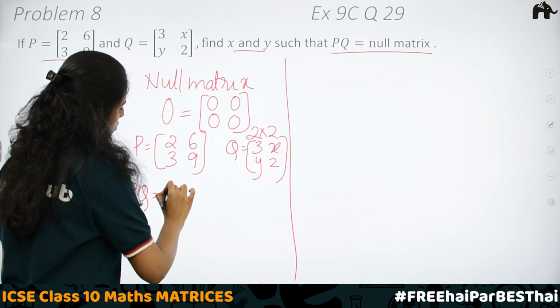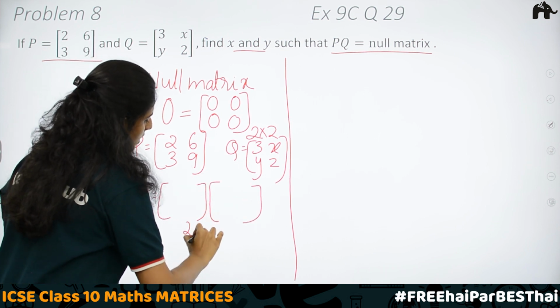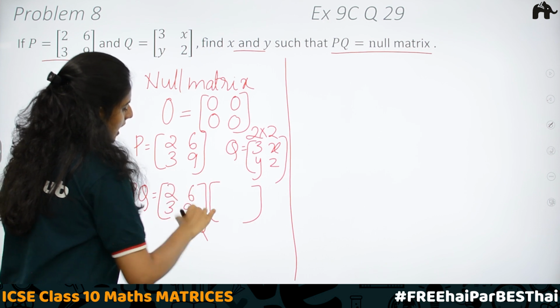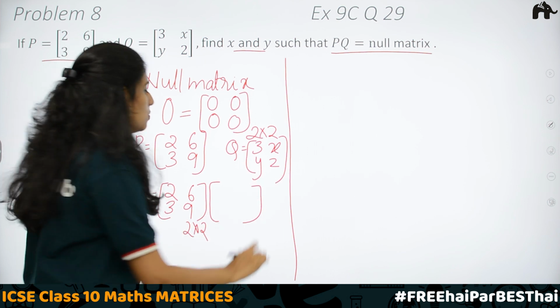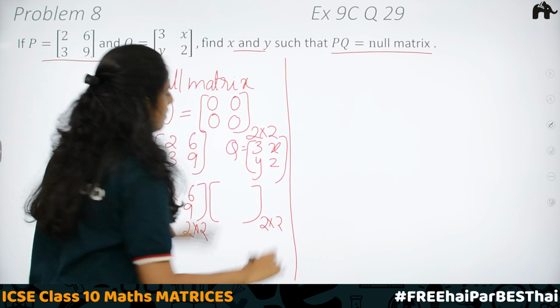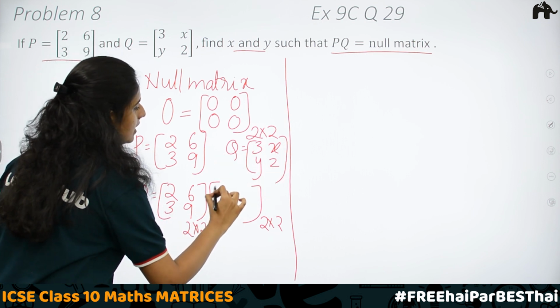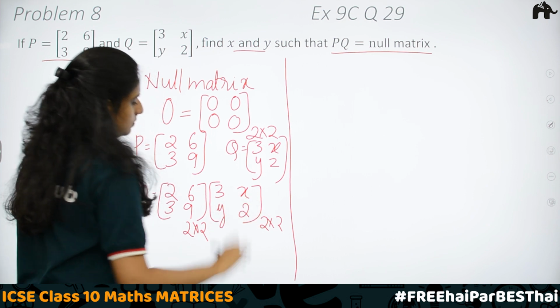PQ is equal to matrix P into matrix Q. P is a 2 by 2 matrix with elements 2, 6, 3, 9. What is the order of Q? Q is also a 2 by 2 matrix, with 2 rows and 2 columns. Elements are 3, x, y, 2.